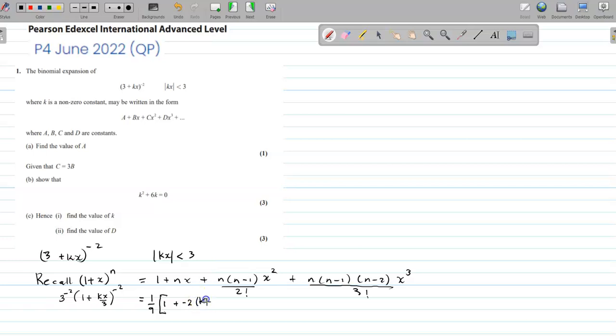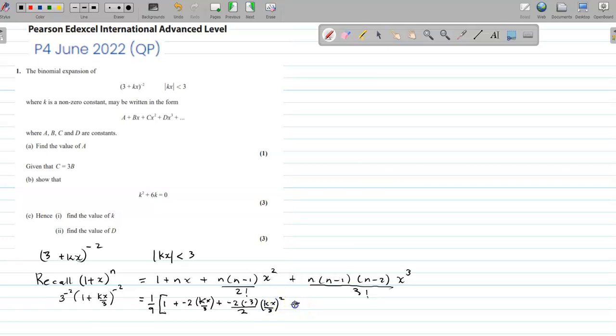Then this bit here is going to be minus 2 times (n minus 1, that's minus 3), all of that over 2 factorial, which is 2 times 1, which is 2. Then x squared represents kx over 3, squared.